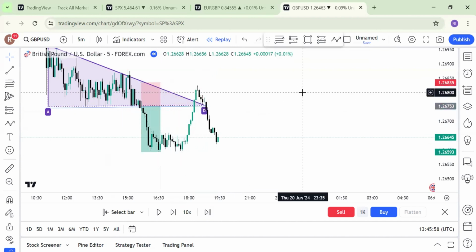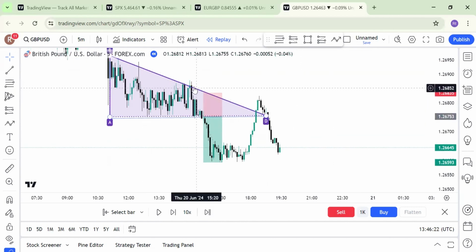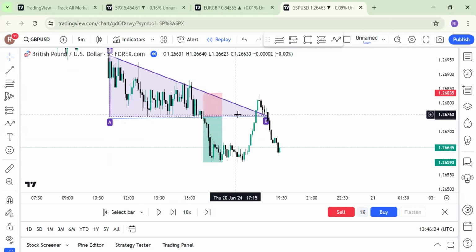You see, this is the reason why I said always make sure that you don't do more than 1:2. Especially, this is what I have found out. You can find out your own. It can be 1:5, it can be 1:1. That's why you need to back test all this. You need to study. But for me, 60 to 70% of the time, when you get a descending triangle it will surely break to the downside.